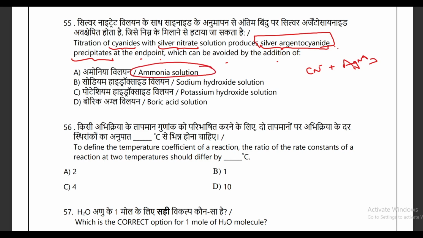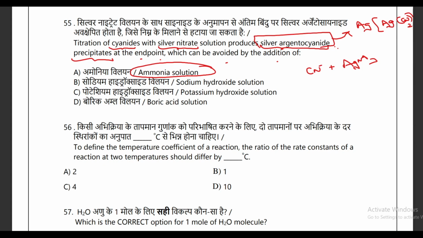Okay, so first of all you have to know its molecular formula, which is silver argentocyanide. Its molecular formula is Ag(CN)2. Okay, so this is the molecular formula of this compound, and if you want to avoid it, for that you have to use ammonium solution.